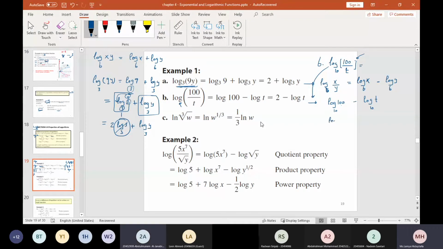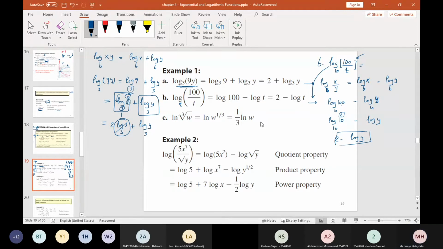It is 2, because it is 10 to the power 2 with base 10, minus, of course, this is y, sorry, this is minus log y. And what is this? It is 2 minus log y.